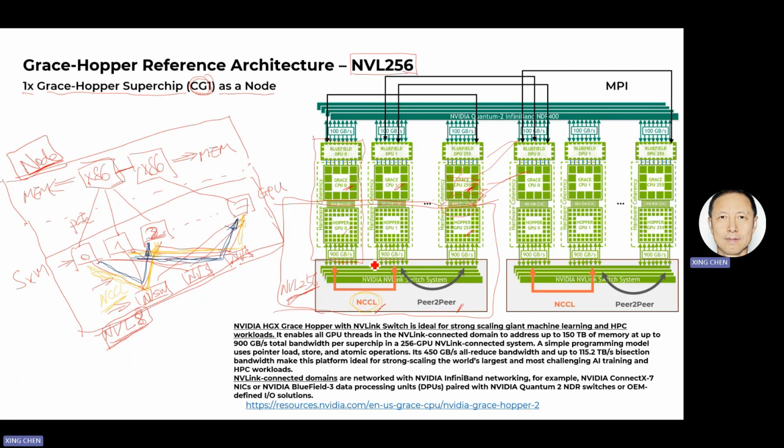If GPU 0 wants to communicate with GPU 1, one way to realize the communication is by using NICO, and the NICO communication is going to use this interconnection network, the NVLink interconnection network.